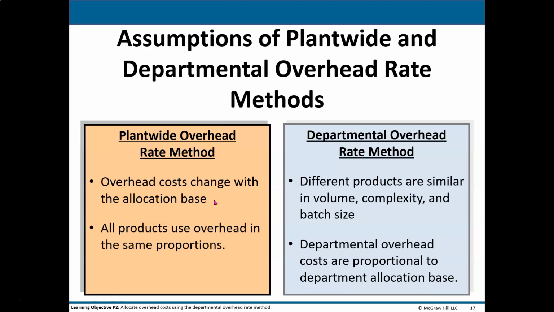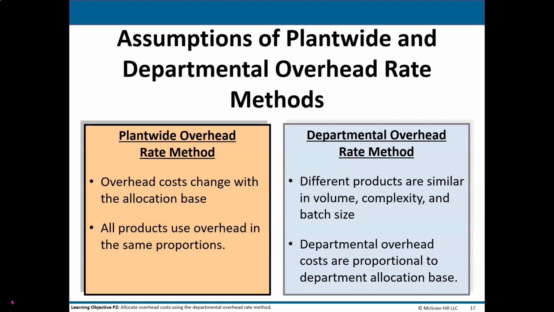And because the departmental overhead rate method allocates overhead based on measures closely related to production volume, it's going to fail to accurately assign overhead costs that are not driven by production volume, such as depreciation or factory insurance, things like that.